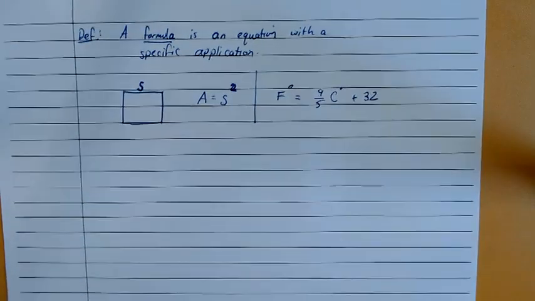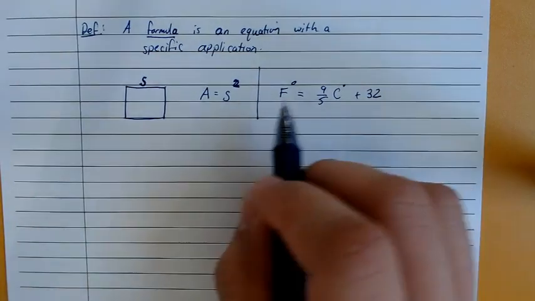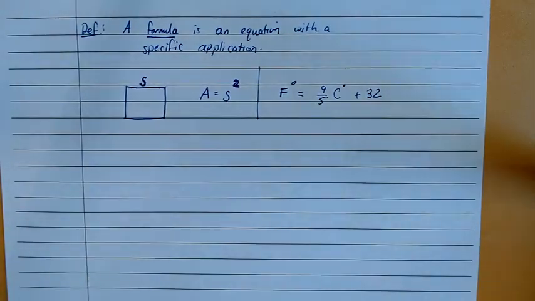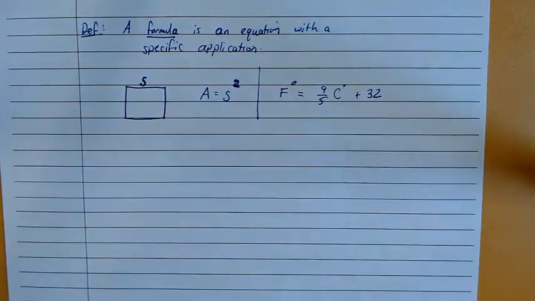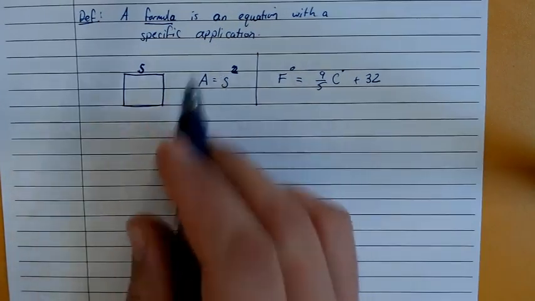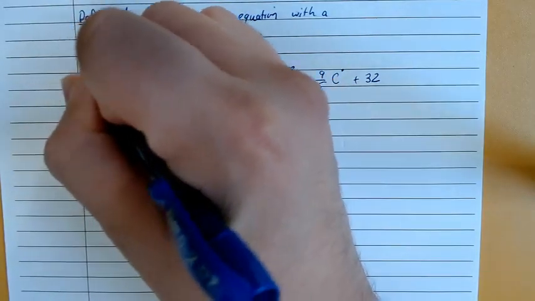Okay. Now, the most common application for a formula is to evaluate it using a particular number, to fulfill its role: to find the value that is the purpose of that formula, to find the result needed for that application. So these are examples of formulas.